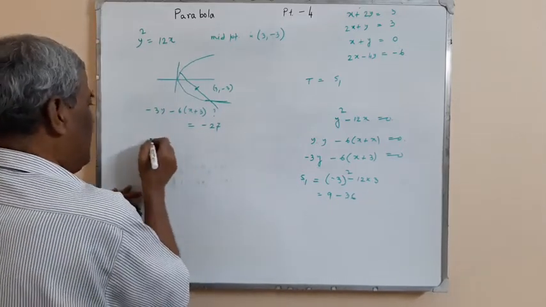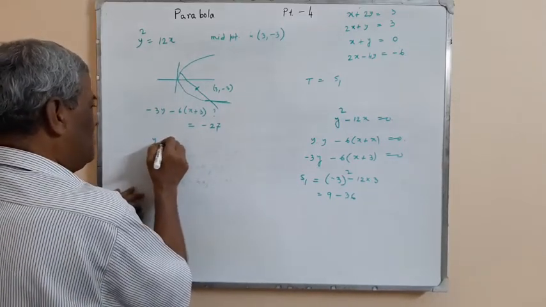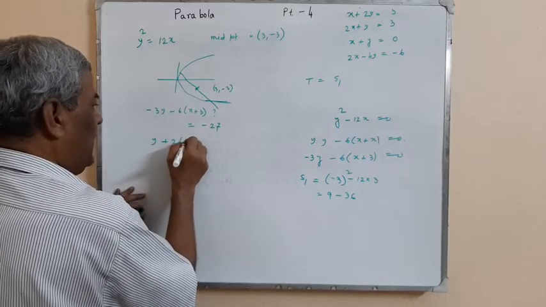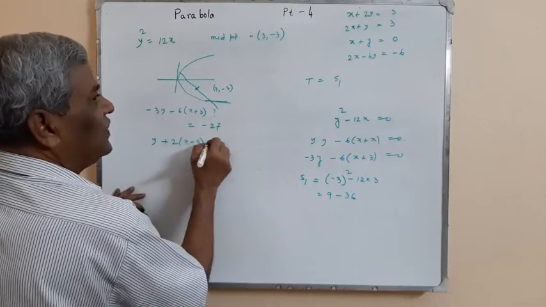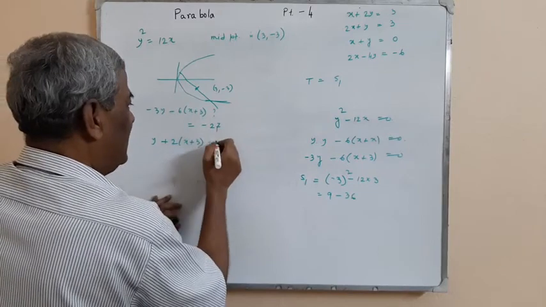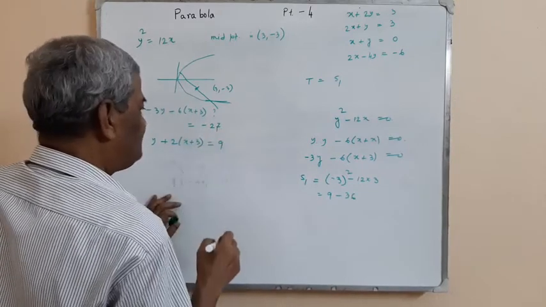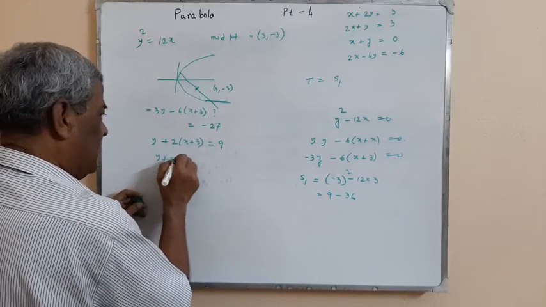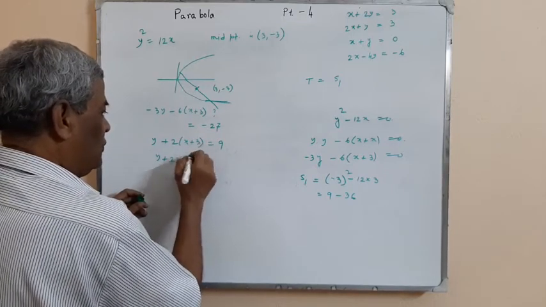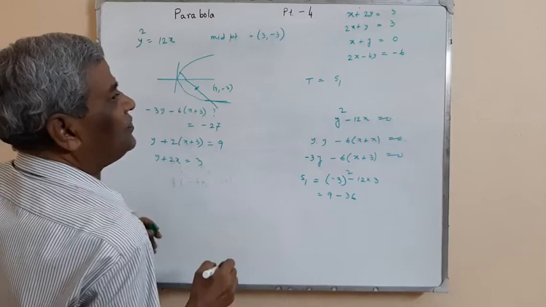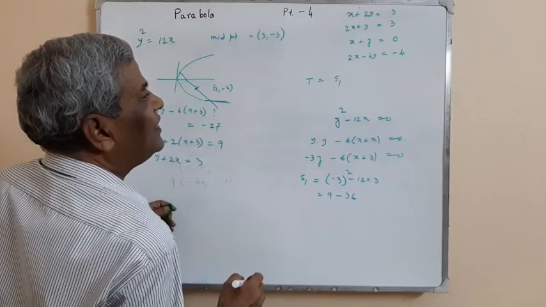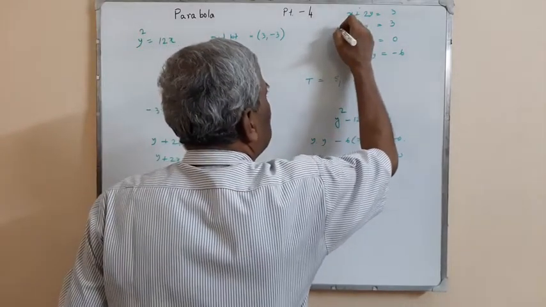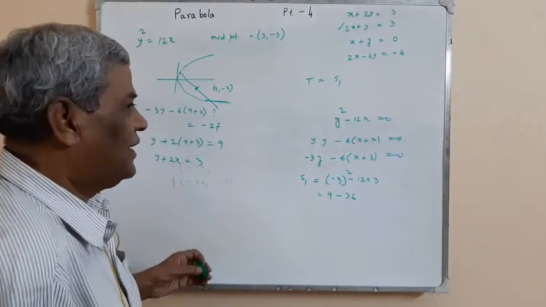Cancelling by minus 3, y plus 2 into x plus 3 equals 9. That is y plus 2x equals 3. So this option is correct.